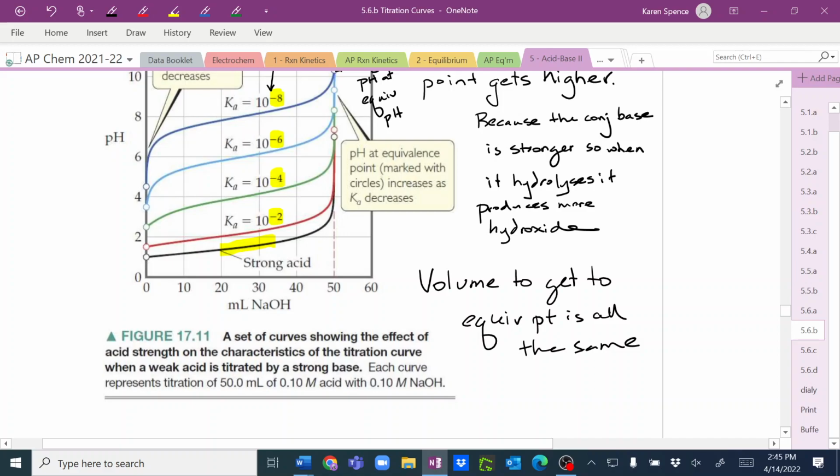Casey, yes? Nope, because you would form an equilibrium, which means you don't go to completion, which means you can't figure out how many moles are needed to completely react with how many moles, because there is no complete reaction. You can do lots of other things with weak acids and weak bases, like form a buffer and set up interesting equilibria, but you cannot do a quantitative titration because you need that to go to completion.